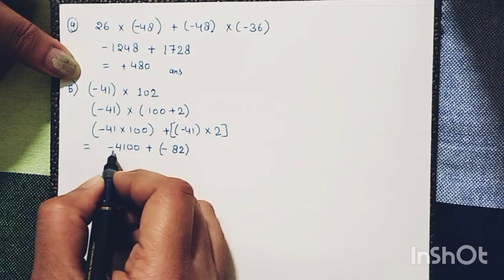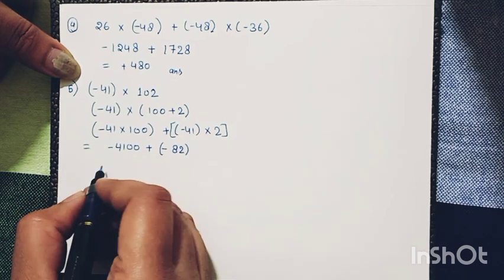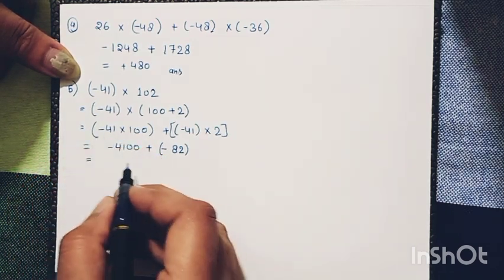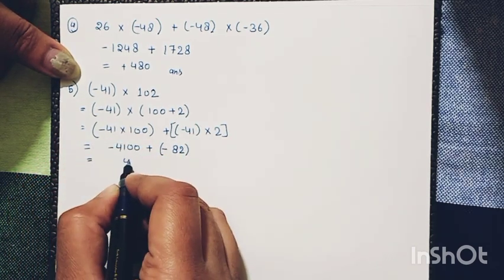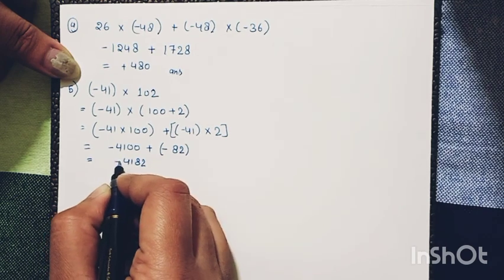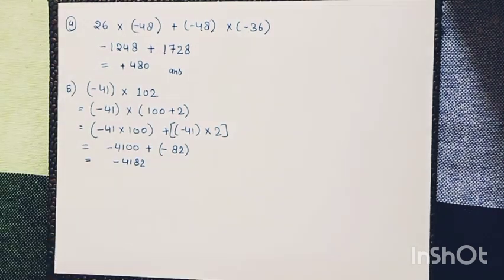Now solving, both the numbers have a negative sign, so we will simply add both the numbers. On adding we have 4182, and the sign we will use is negative. So here is the easier method to solve this question having a greater number. By the distributive method we can make our calculation easy.